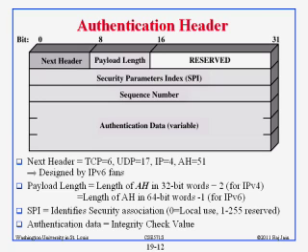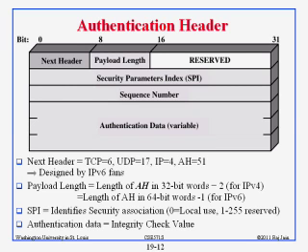Next header simply is the payload type. And then the length, which is the length of the payload, not shown in this picture. These 16 bits are reserved. Then SPI, which is the index, and then the sequence number of the packet, and then the authentication data, which could be variable. And so that's all there is.